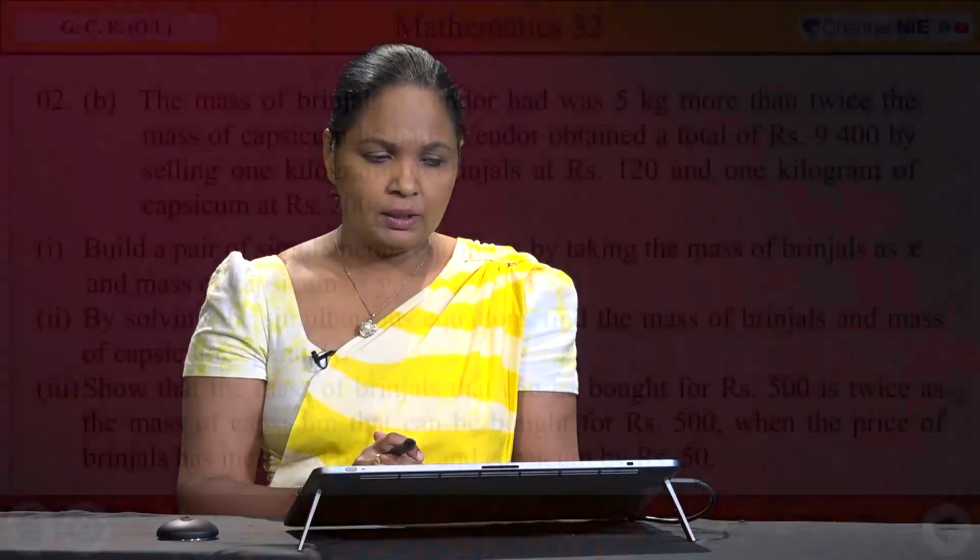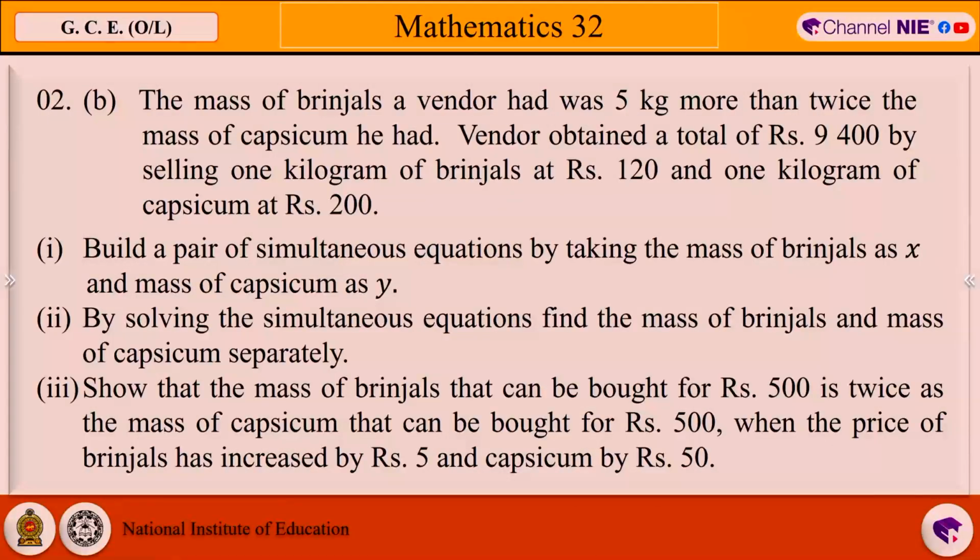Part B. It says the mass of brinjals a vendor had was 5 kilograms more than twice the mass of capsicum he had. The vendor obtained a total of 9,400 rupees by selling 1 kilogram of brinjals at 120 rupees and 1 kilogram of capsicum at 200 rupees.